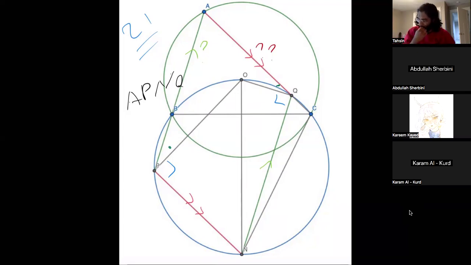Actually, maybe let's do this. Let's look at these angles. Those are supposed to be equal.